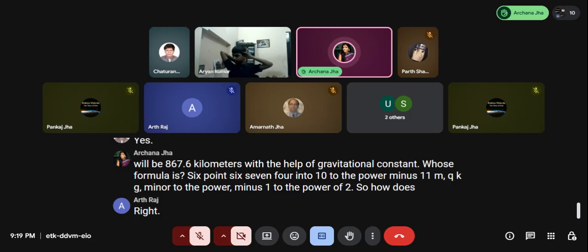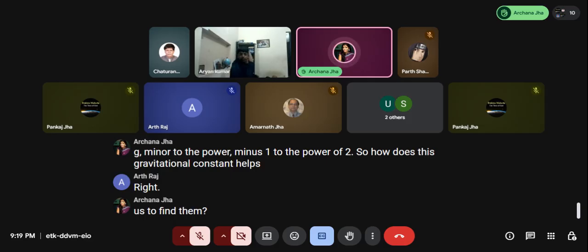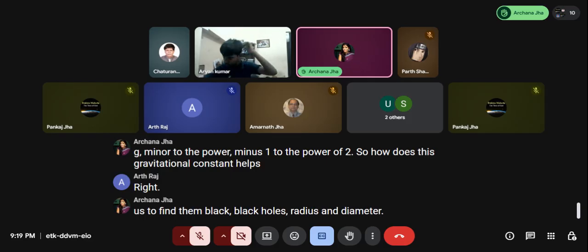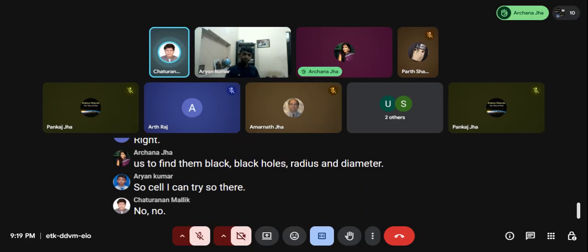So how does this gravitational constant help us to find the black hole's radius and diameter? Sir, I can try. But I want to understand the question.